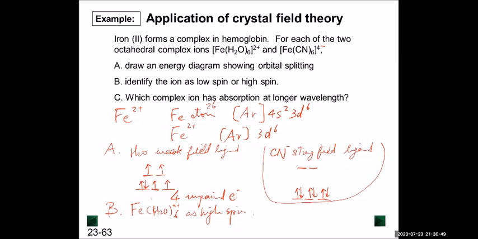Then you look at cyanide as a ligand. There are 0 unpaired electrons. So this cyanide complex ion is low spin. It actually is 0 spin.